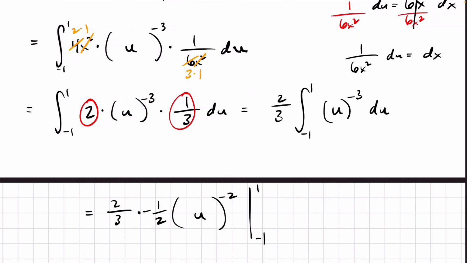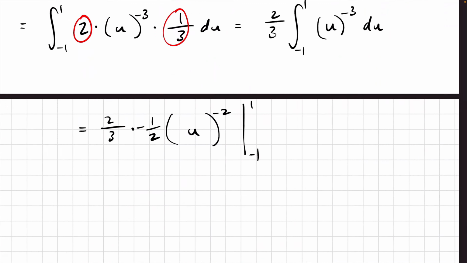From 1 to negative 1. Multiply. 2/3 times negative 1/2 is going to be negative 1/3.